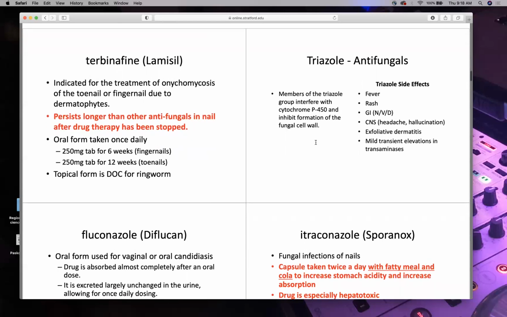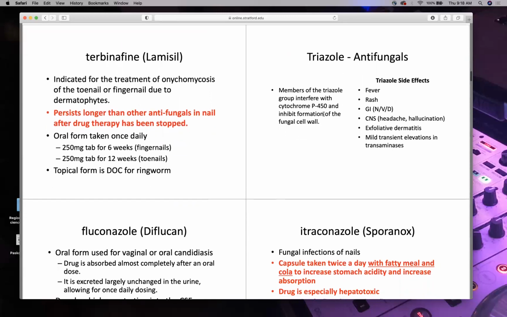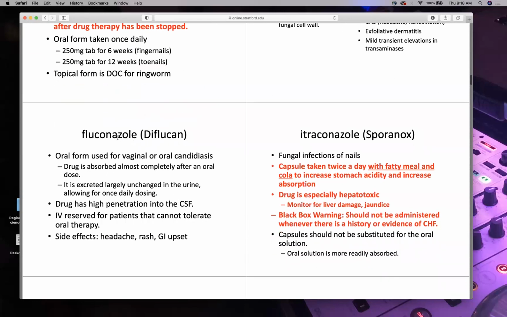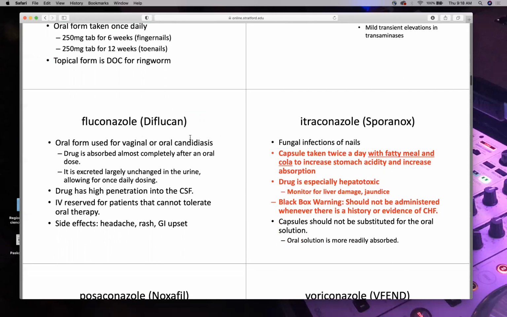Triazoles, we already know they definitely interfere with the cytochrome P450 system, and we know that's the suffix azole in their name. So once you see fluconazole, itraconazole, which is azole, right? Sporanox and Diflucan, really, really popular.